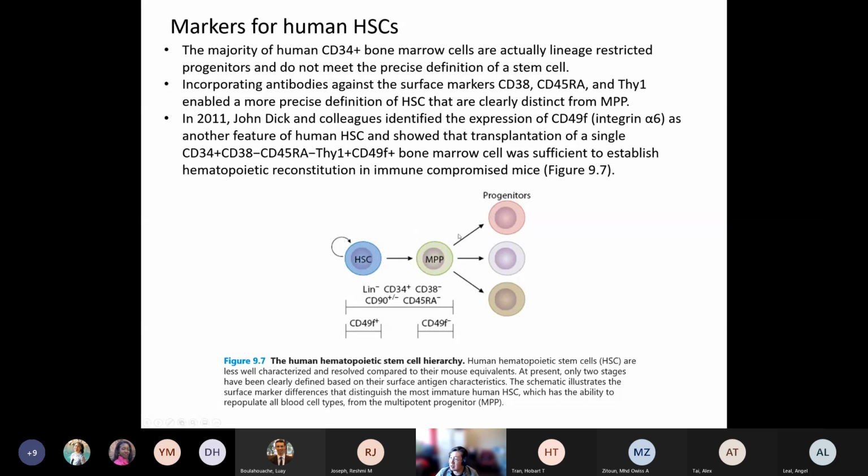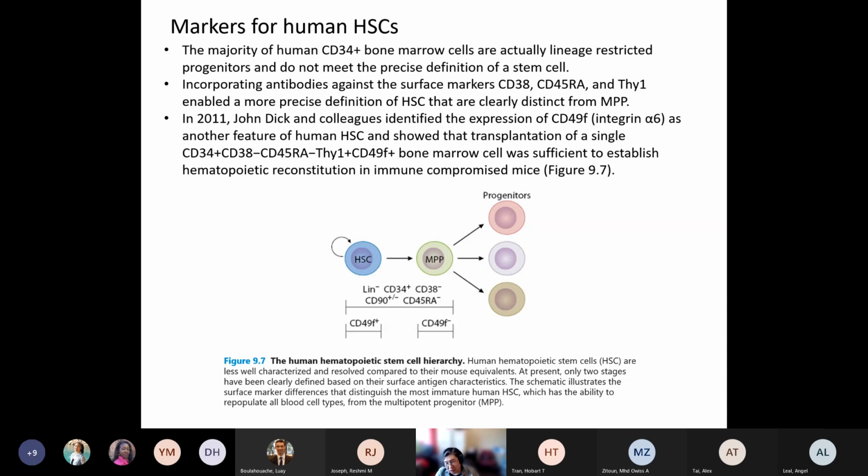So in the real world, it is very hard to distinguish HSC and multipotent progenitors because the multipotent progenitors, when you put them into another animal, don't have the ability to perform a long-term transplantation, to repopulate the hematopoietic system.